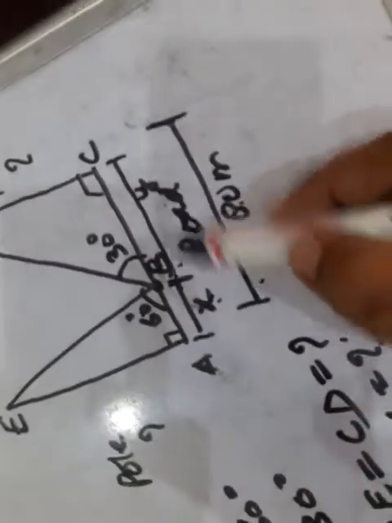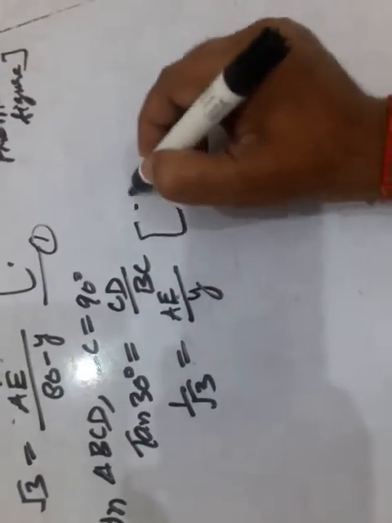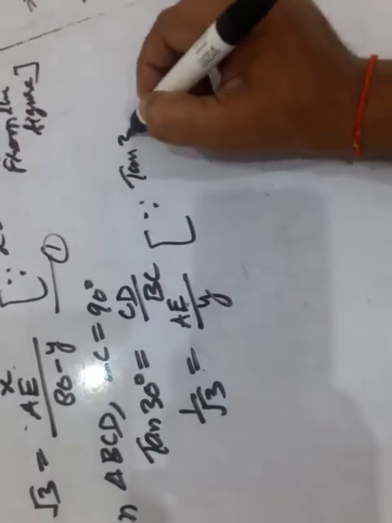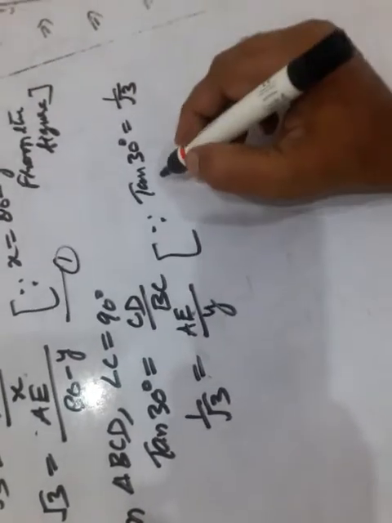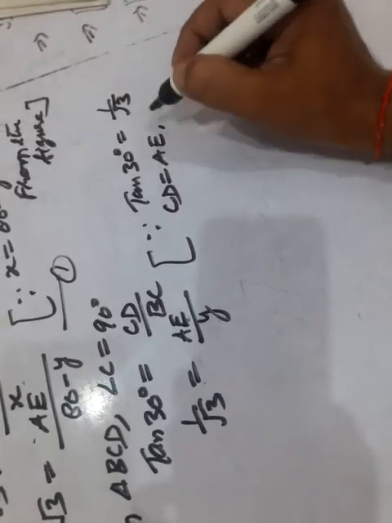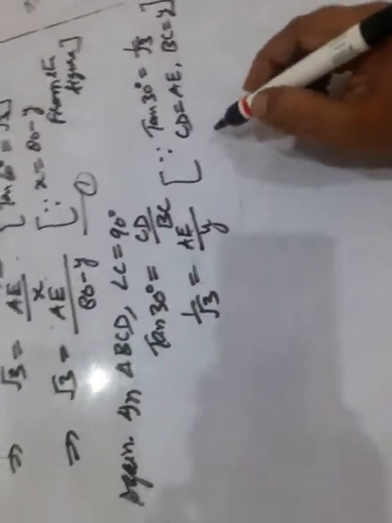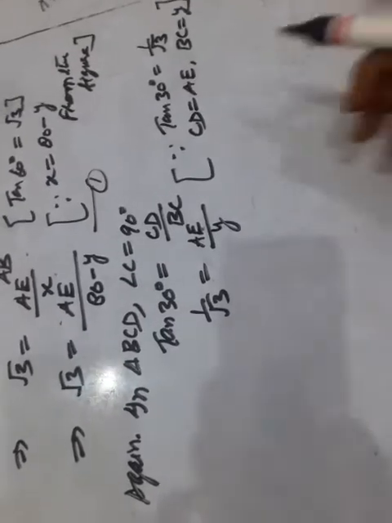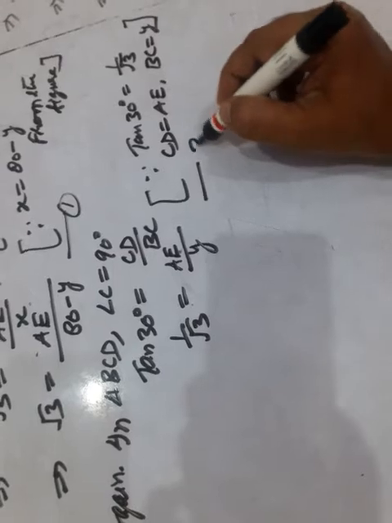BC we have assumed to be Y. Since tan 30 degrees equals 1 upon root 3, and CD equals AE and BC equals Y. Okay children, now let it be equation number 2.